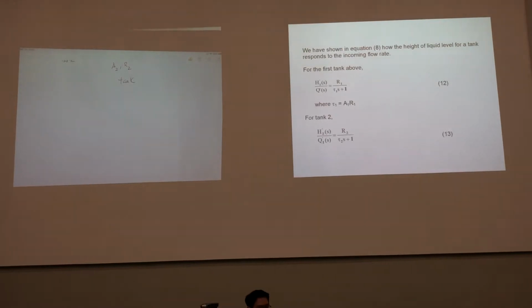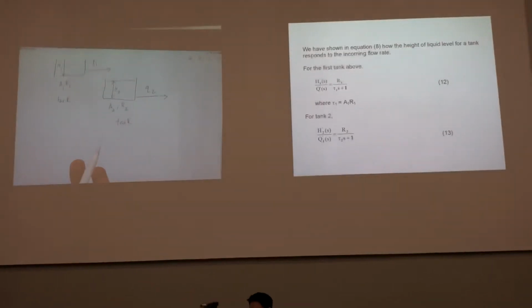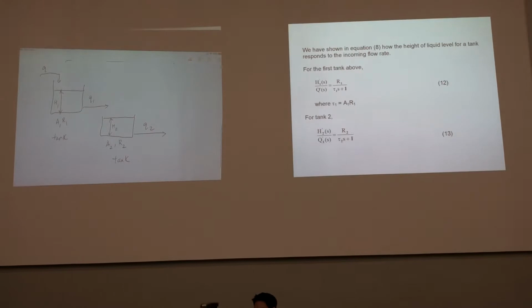And we know for the first tank, what is the transfer function we have? Transfer function for tank 1. We have H1 prime, and the transfer function is output to the input. Output is the height of this tank level. What is the input to tank 1?